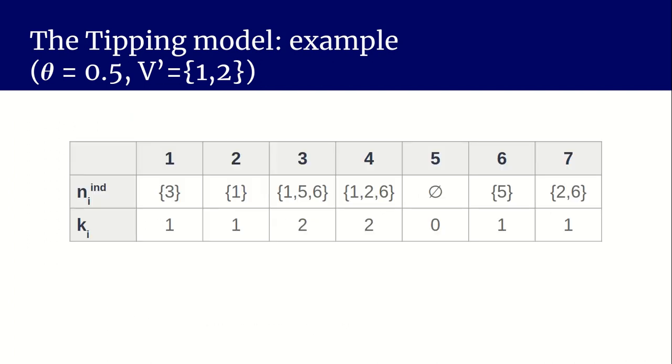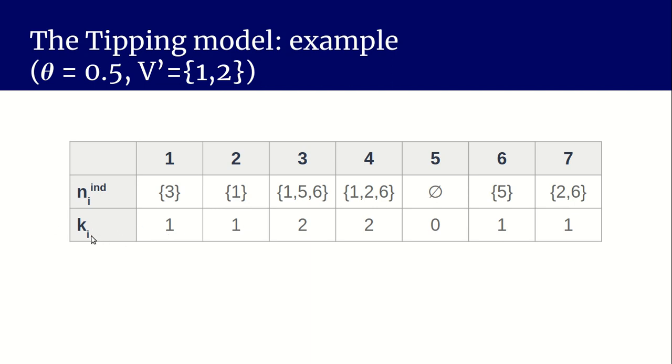Okay, let us see how the incoming neighborhood is formed for each node in the previous graph. K sub I represents the size of the incoming neighborhoods. So N sub I, the row here, represents the incoming neighborhood for node 1, which is only node 3, and node 2, which is the set containing only node 1. For node 3, it's the set containing nodes 1, 5, and 6, and so on. 5 doesn't have any incoming neighbors, and so on and so forth.